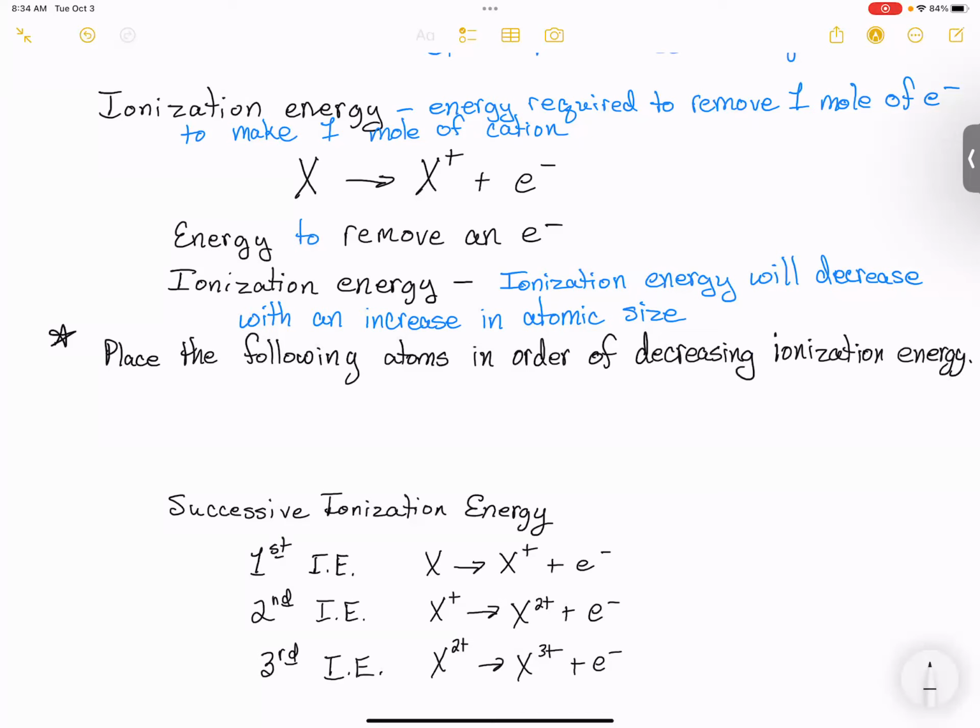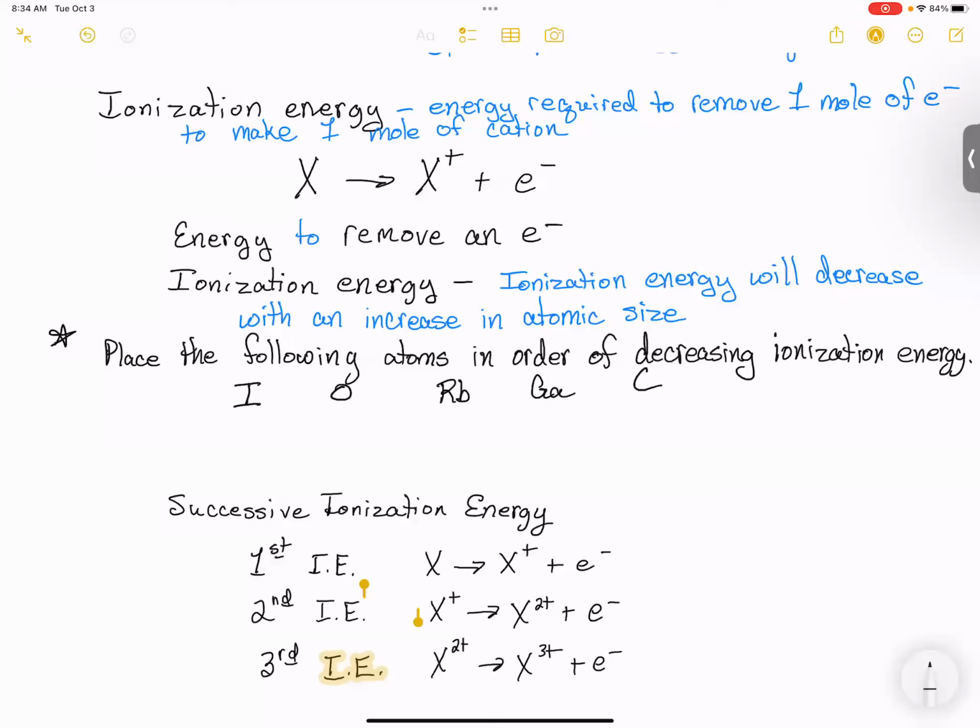And let's see. Iodine, oxygen, rubidium, gallium, and carbon.